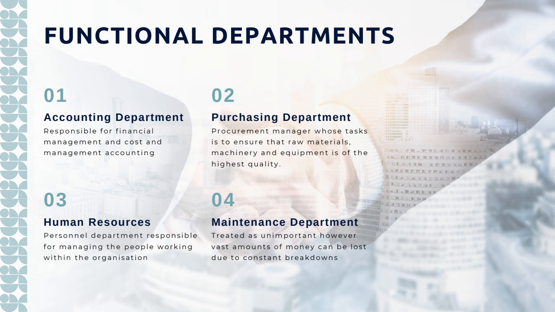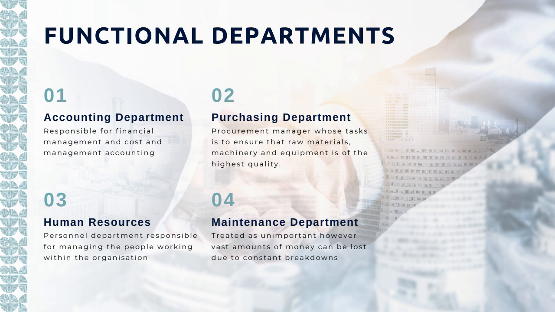Then we have some of your functional departments, and these are the departments that add value to your actual operations system. These form part of your larger organizations. Sometimes the departments are split.